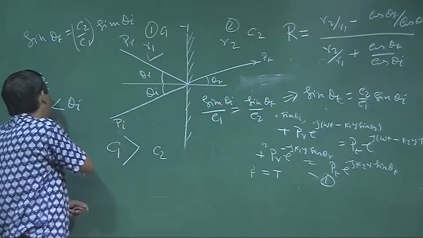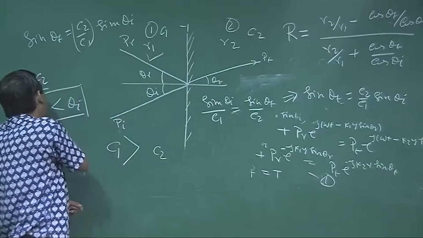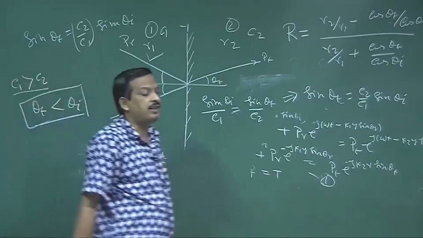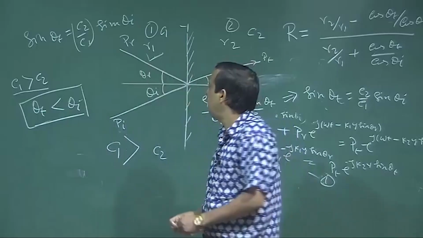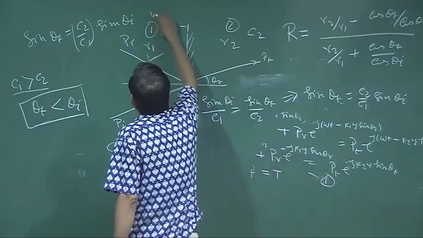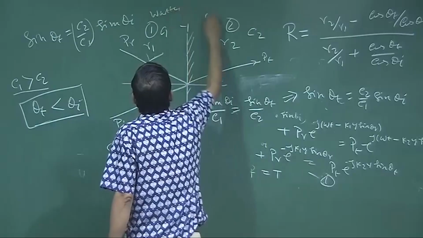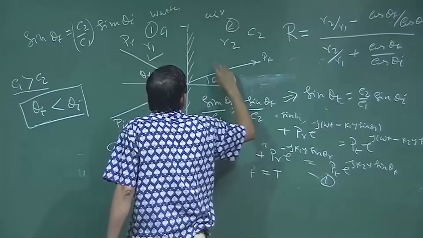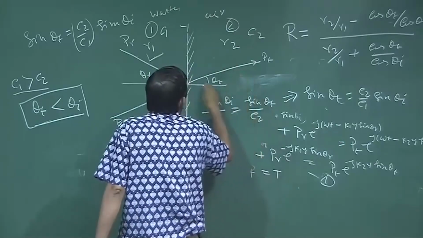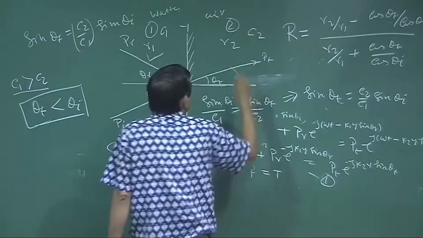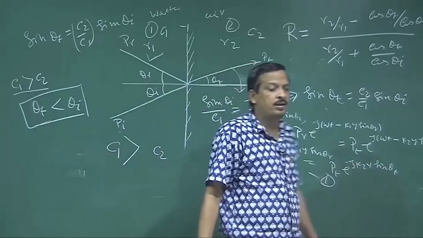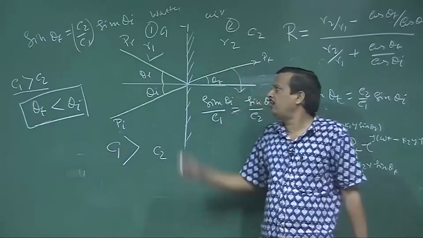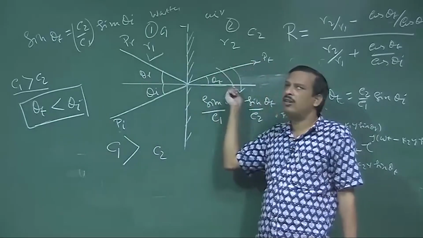In water the sound velocity is c1 and in air it is c2, so c1 is greater than c2. If sound is transmitted from water to air, the angle of transmission will always be less than the angle of incidence. So if this is water and this is air, the transmitted ray is bent towards the normal.